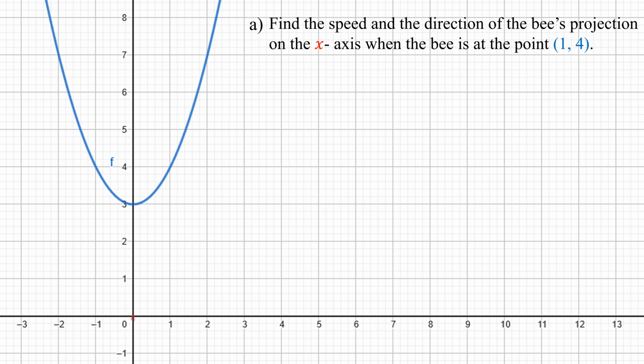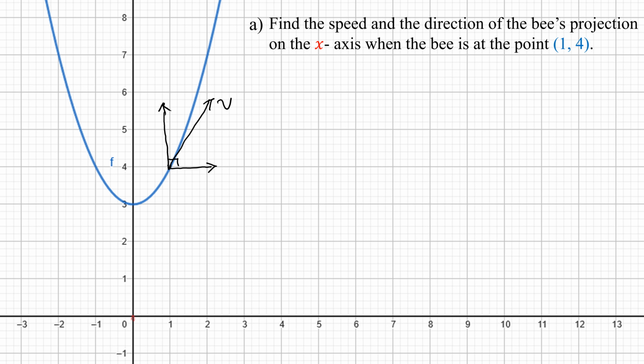So if you know a little bit of physics, as before, we can still mark the velocity vector. That's the velocity, along the tangent. Now we're going to study the two components. There's a component in the x direction and a component in the y direction. They are at 90 degrees to each other.